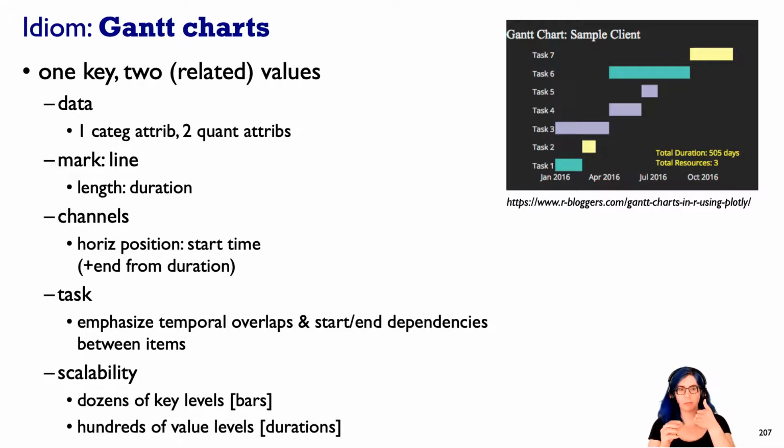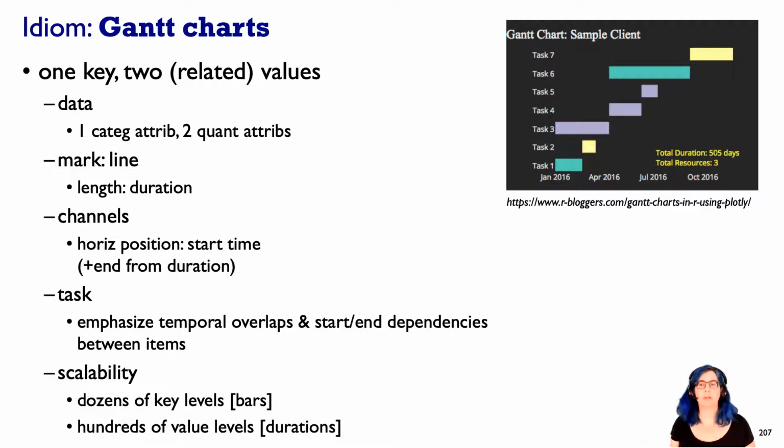We've got the start time that we're encoding, and we are also encoding the end time. So we can separately read off duration versus start versus end. The point of these charts is we are really trying to emphasize temporal overlaps and start-end dependencies between these items. So you're often trying to look at dependencies because you can read off things like when one end time is before another start time.